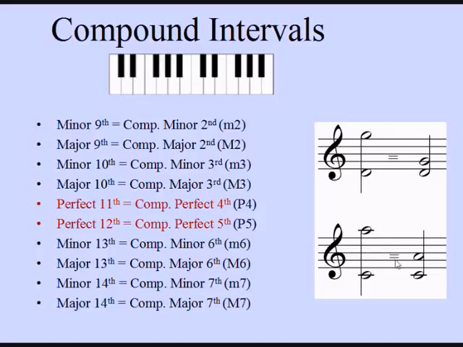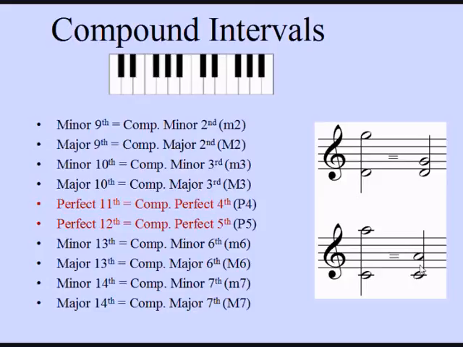For example, another two notes here, a C and an A. We just drop that top note down 1 octave, and we can see that this is a major sixth.